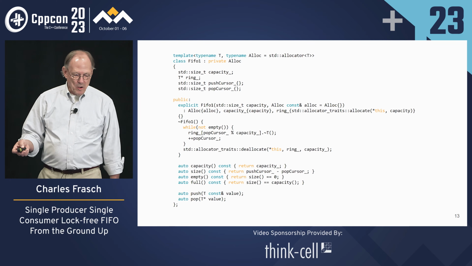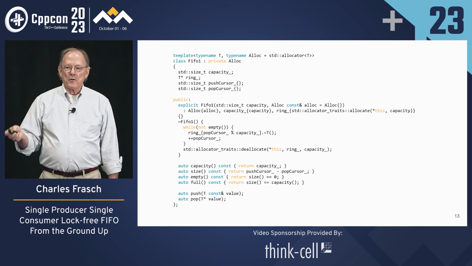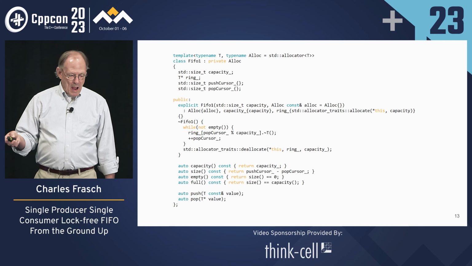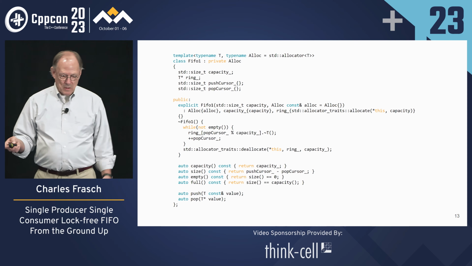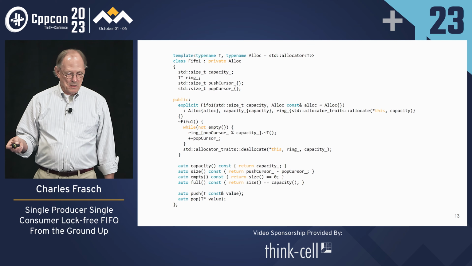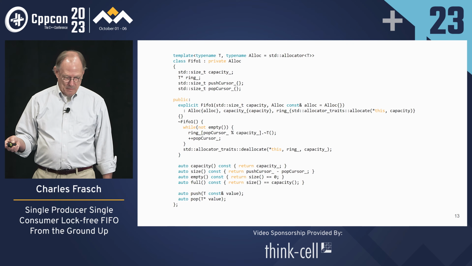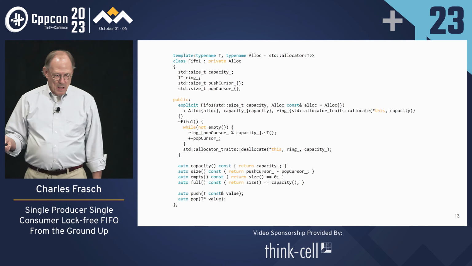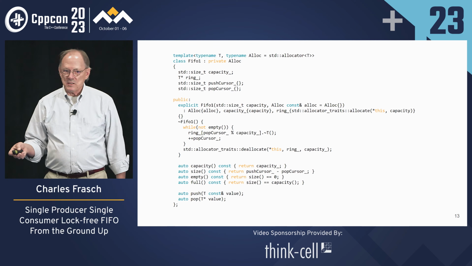We have 4 member variables: the capacity, a pointer to the first element that's allocated by our allocator, and our push and our pop cursor. The constructor takes the capacity and an allocator, which defaults to the std allocator supplied in the default template parameter, and of course we store all that stuff, and then we allocate capacity.